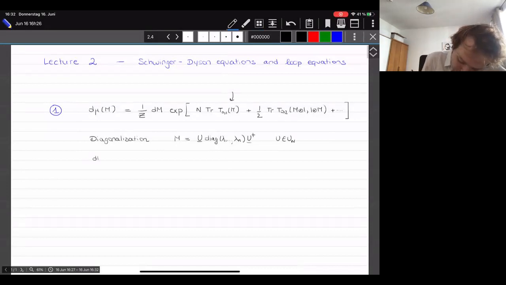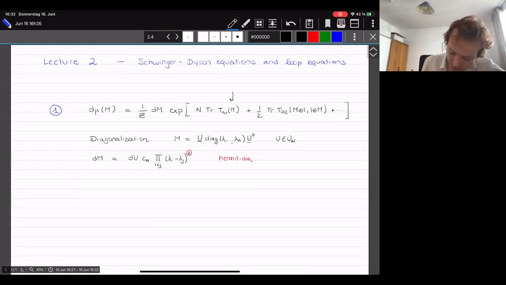So there's a Jacobian when you do this change of variable from M to U and lambdas. And so you will get the Haar measure, a certain constant depending on N, and here the Vandermonde of the eigenvalues squared. And this square is a sign of Hermitian matrices.